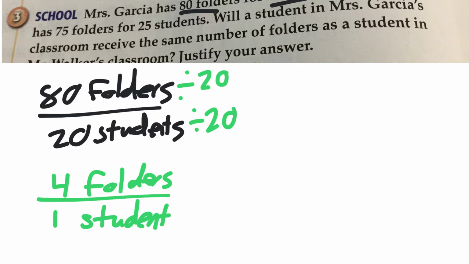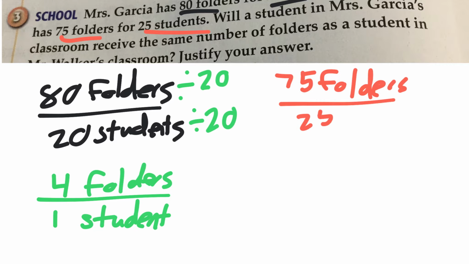Okay, let's look at Mr. Walker. Mr. Walker did 75 folders for 25 students. So we set that up: 75 folders over 25 students. So what's my GCF there? 25?